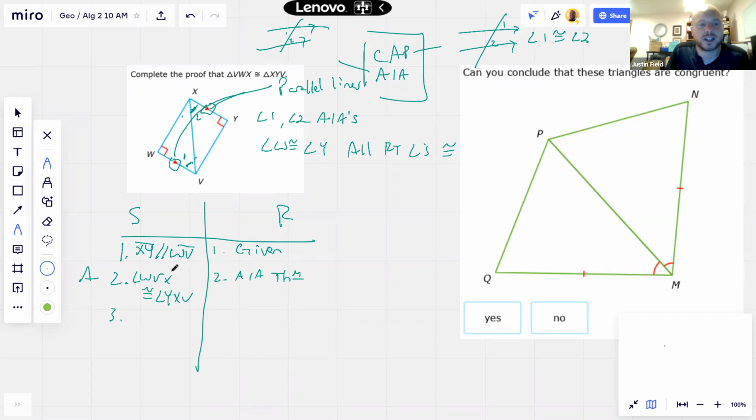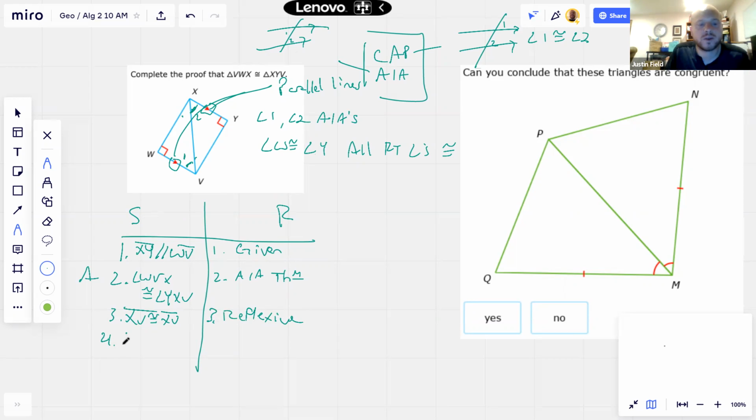Let's do the reflexive. XV is congruent to XV. Reflexive is probably my favorite. So easy. And then it's kind of marked in there.